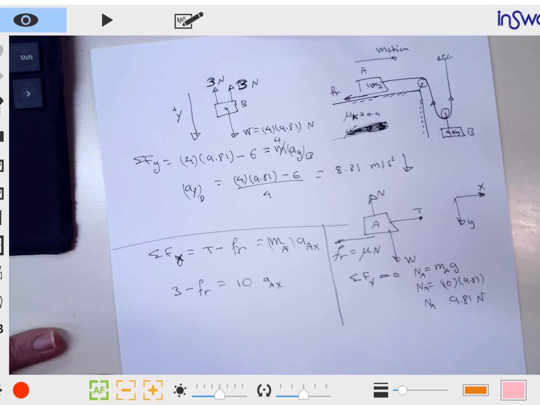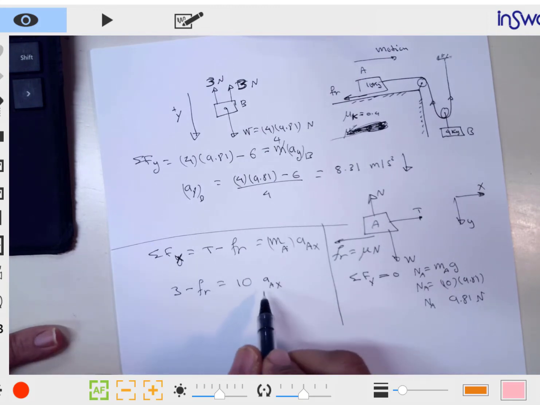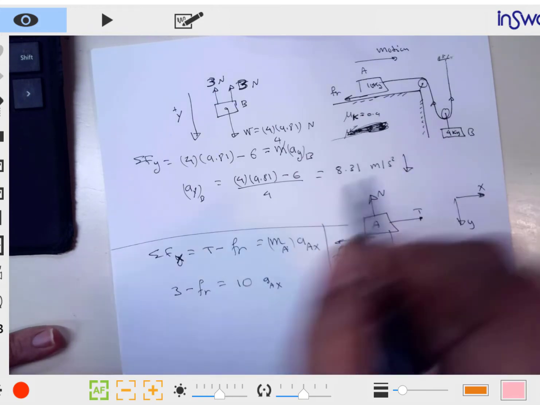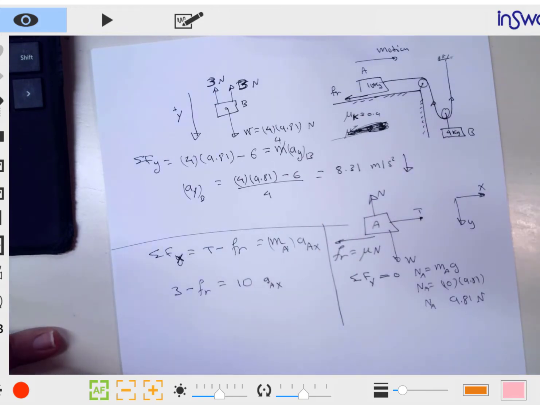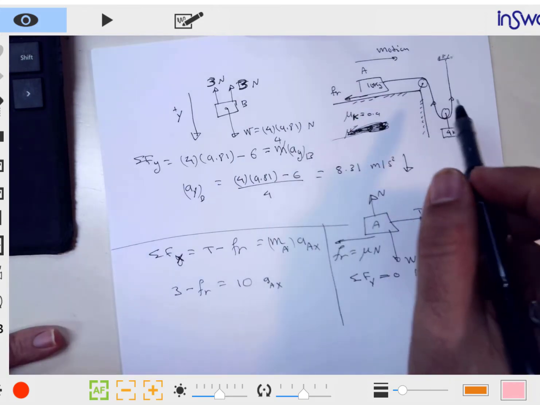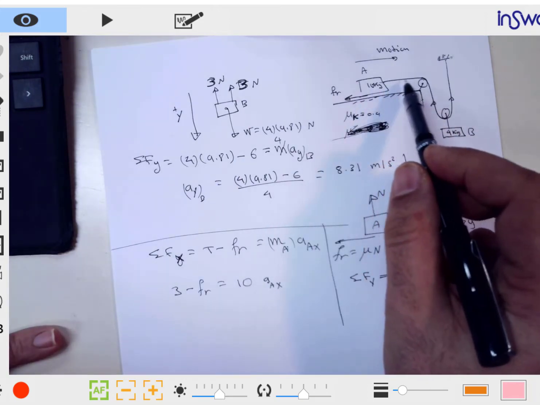Now, what is the relation between the acceleration of A and the acceleration of B? We know there is a relationship, and that relationship is from the geometry.